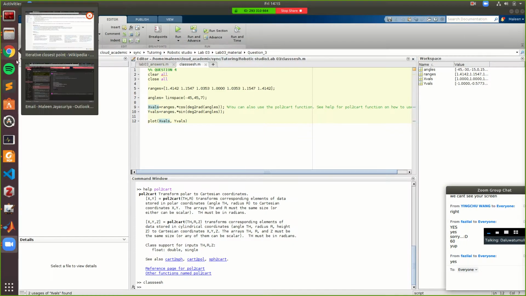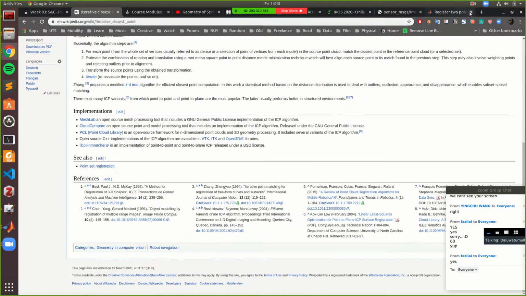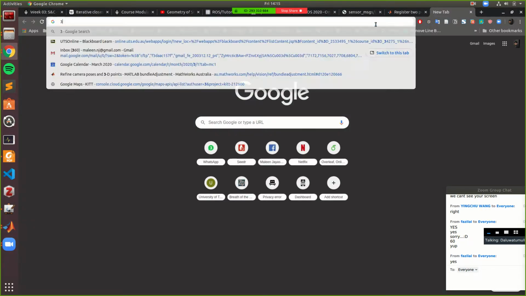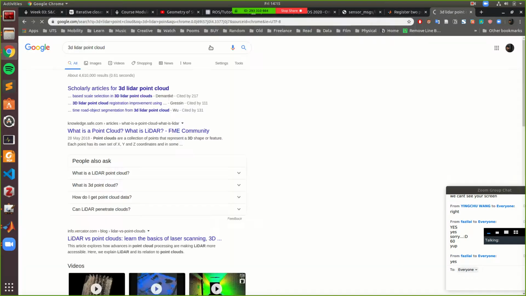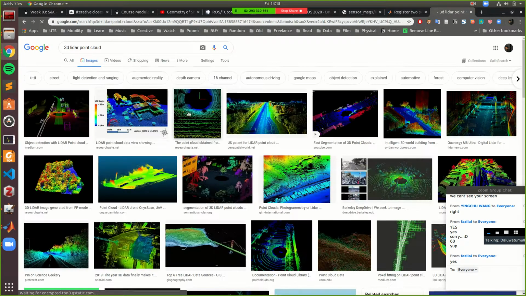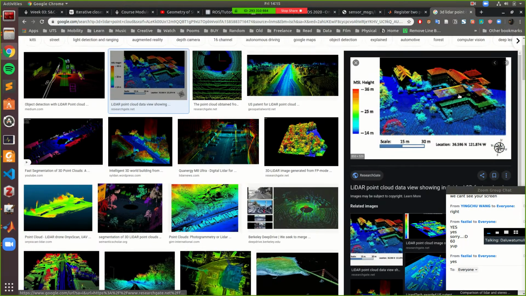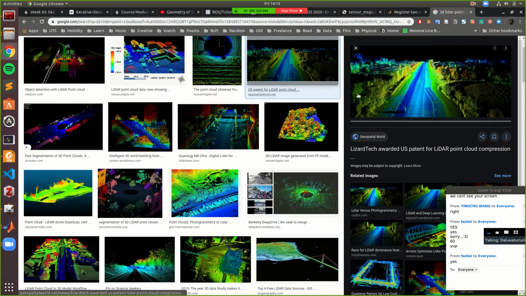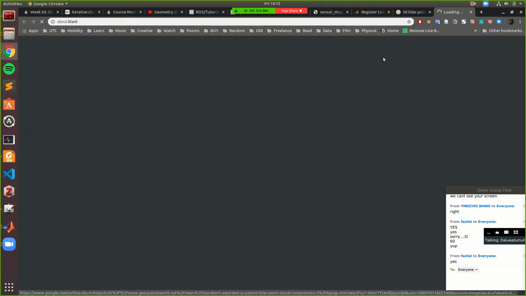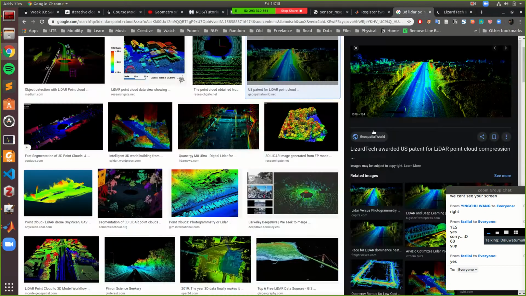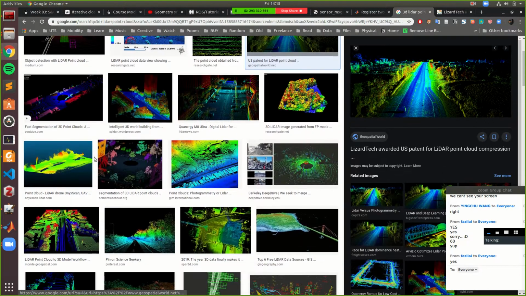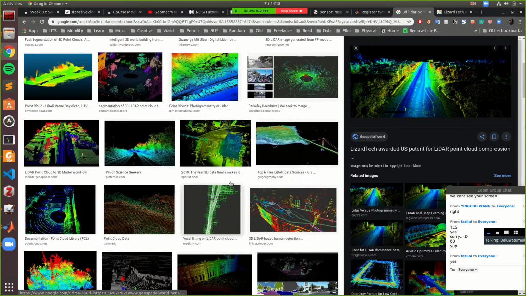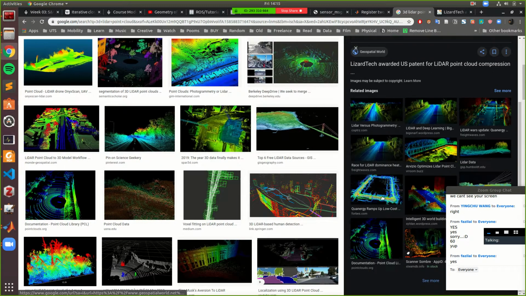What that generally looks like is something like this. You guys might have seen stuff like this, right? This is what it looks like if you had a 3D LiDAR. Basically, you won't just have a 2D scan, you'll have all the 3D information, the height as well.